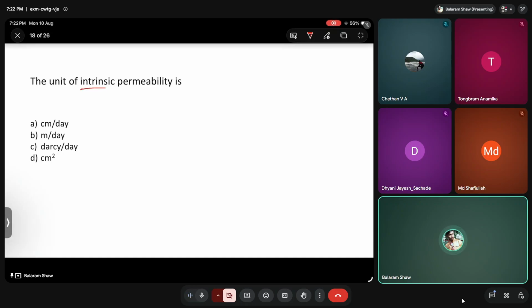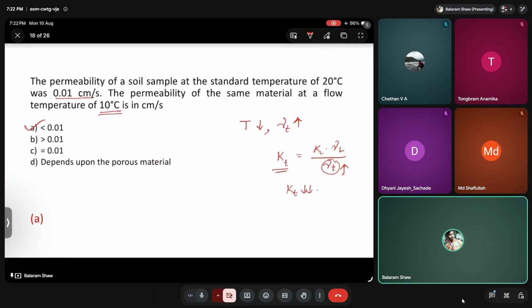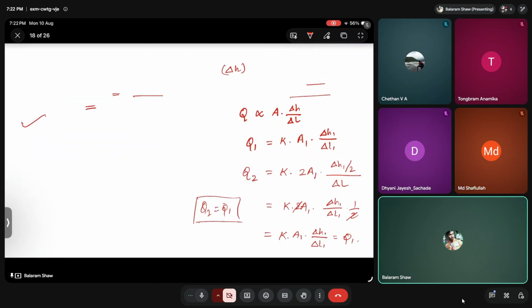Just note that here I am talking about intrinsic permeability. Intrinsic permeability is only a function of the material property, whatever the soil material property. So it is independent of any fluid property.